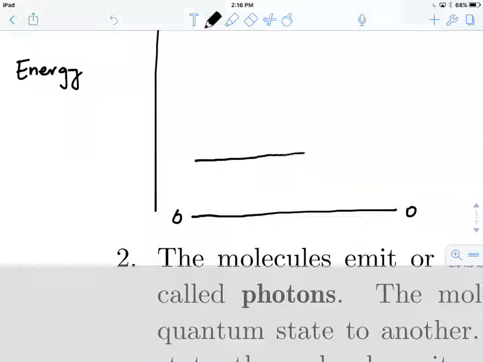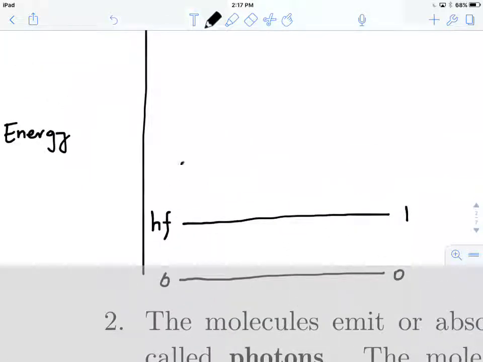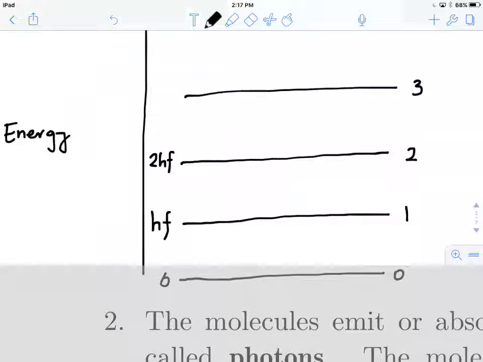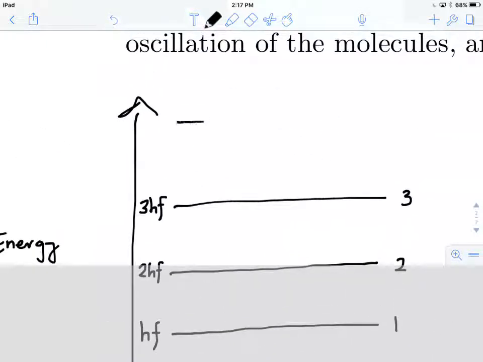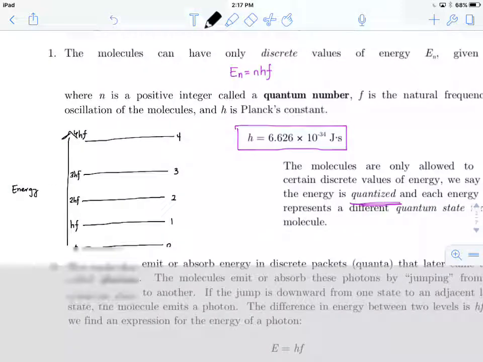Our next energy level up is with a quantum number of 1, so this would be some value of energy that's h times f. Our next level up is our quantum state that has 2, so this would be an energy of 2hf. Next level of energy is, of course, 3, and this would be at 3hf. So this is what Planck was saying: the molecules can only have these discrete values or energy levels, okay?